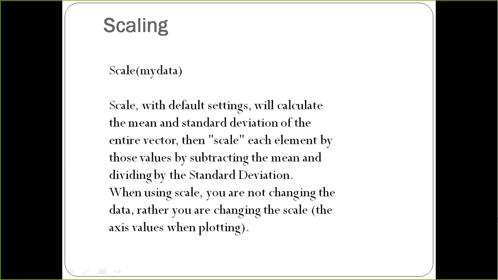Scaling, as I was talking about, lets you calculate a mean and standard deviation of your vector. So basically, it's taking all the data points in your data set and scaling them down to a particular value. And it doesn't change the data. It just scales it to where it's plottable.